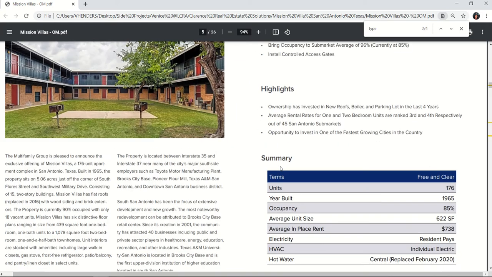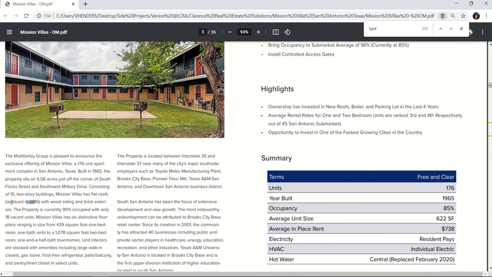Antonio, Texas. Built in 1965, the property sits on 5 acres, consisting of 15 two-story buildings. Mission Villas has flat roofs, replaced in 2016. So the roof was replaced in 2016. We are now in 2021, which means it is only 5 years old.